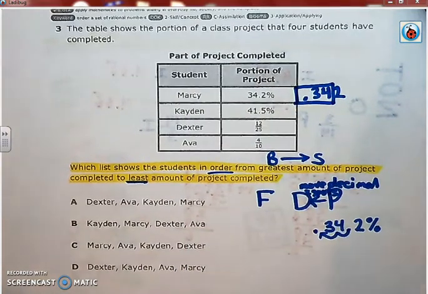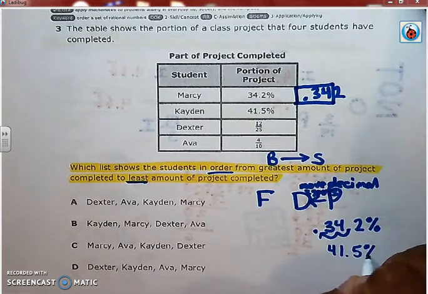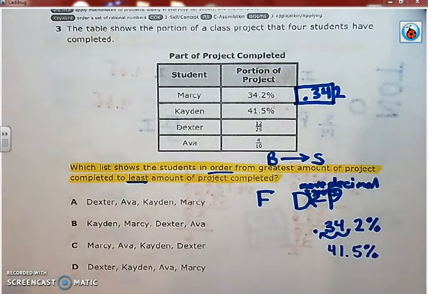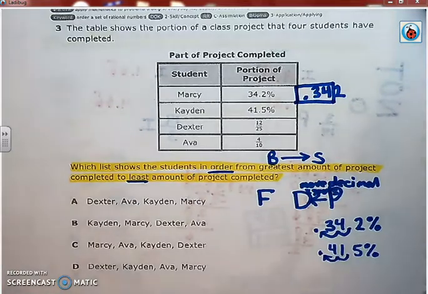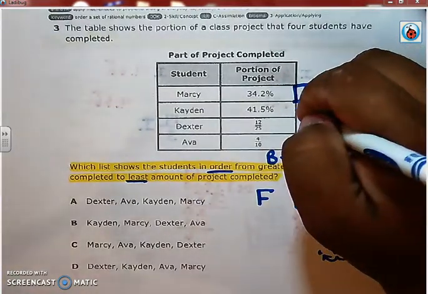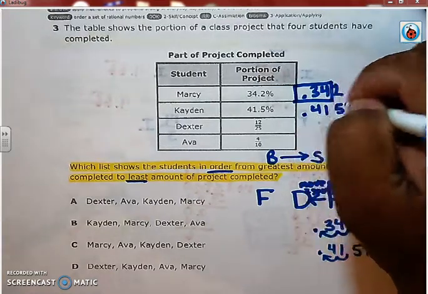Caden has 41.5%. Let me move my decimal 2 spots to the left to get rid of the percent. 1, 2. I end up with 0.415.